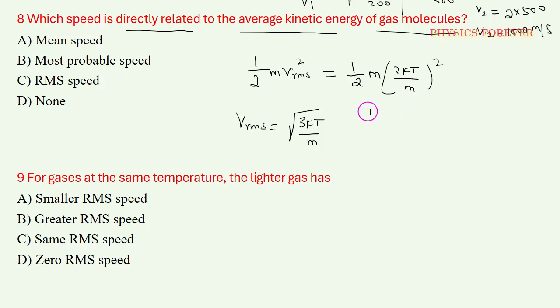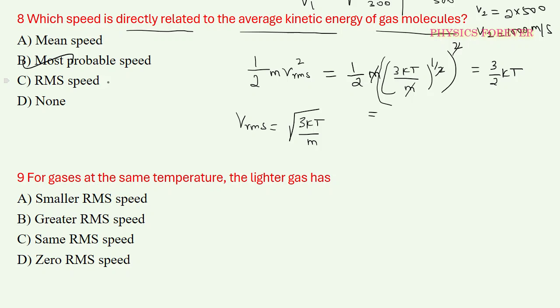Then we have to take the square root into the square, okay. So we cancel m, and with the 2 we get 3 by 2 kT. The correct option is B.